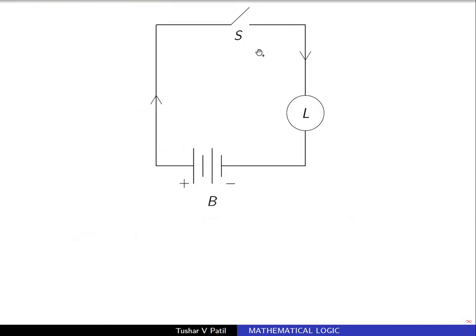Consider a simple circuit with a single switch S, which is connected to the battery B, and the other end of the switch is connected to the lamp L by wire. Here the current flows this way.